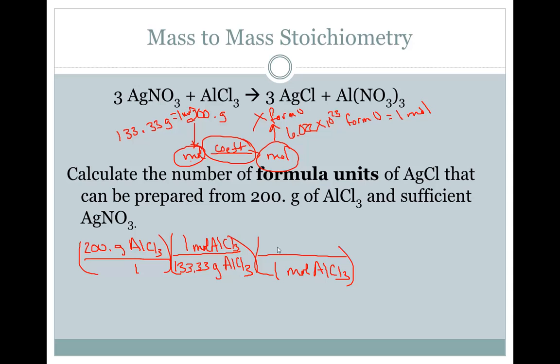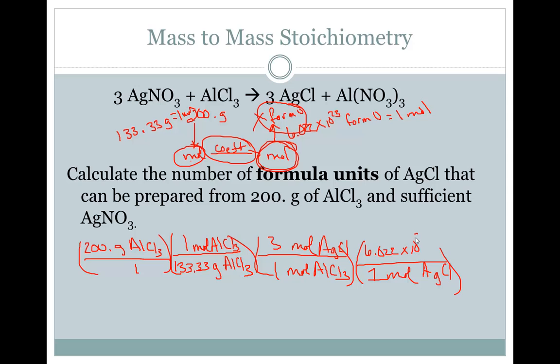One more bracket. We're right here, and we want to get to formula units. So 1 mole of AgCl is equivalent to 6.022 times 10 to the 23rd formula units.